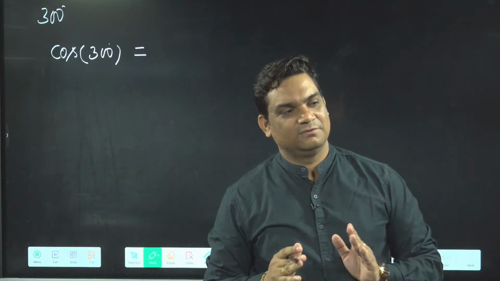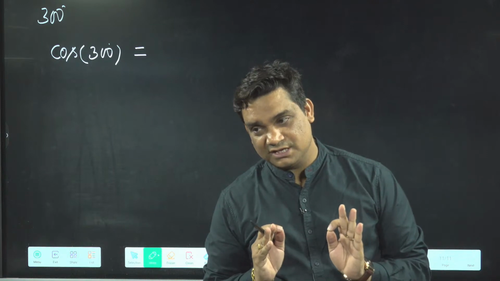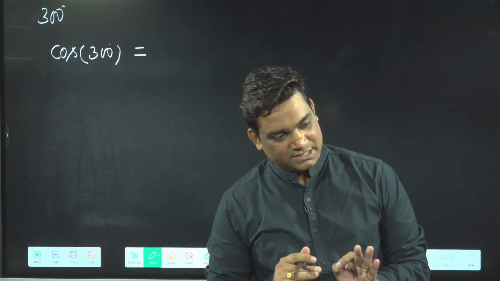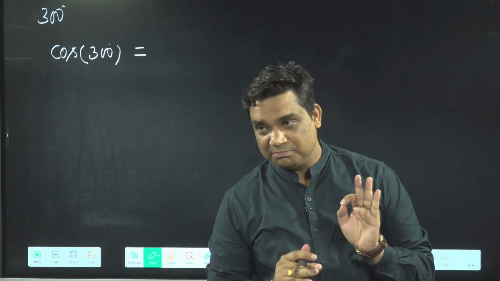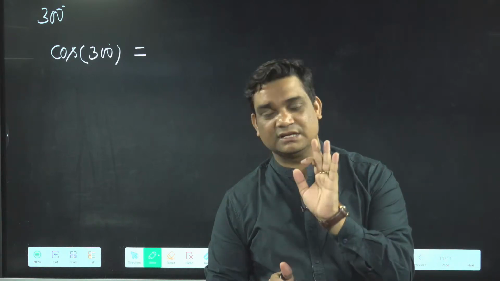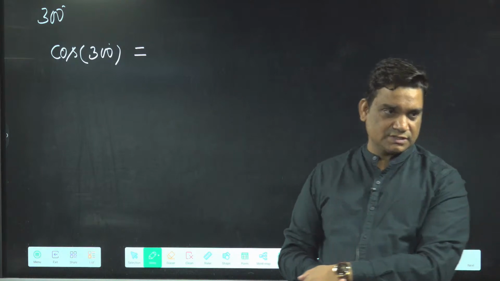And this is what I said, plus and minus, you should be very clear. Don't make this mistake of plus and minus, because in the whole of trigonometry, the part where people make mistakes is the plus and minus. They don't make mistakes in the values. It is plus half.